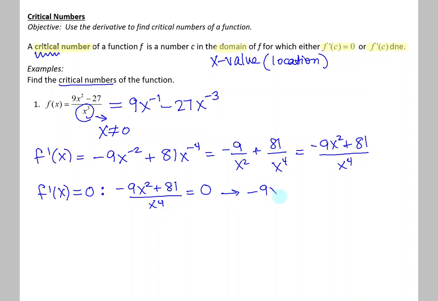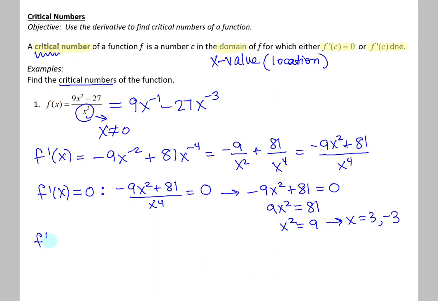So it's negative 9x squared plus 81 equals 0. And solving for x, 9x squared equals 81, x squared equals 9, so x equals 3 or negative 3. Both of these x values are in the domain of the function, so both of these are critical numbers.